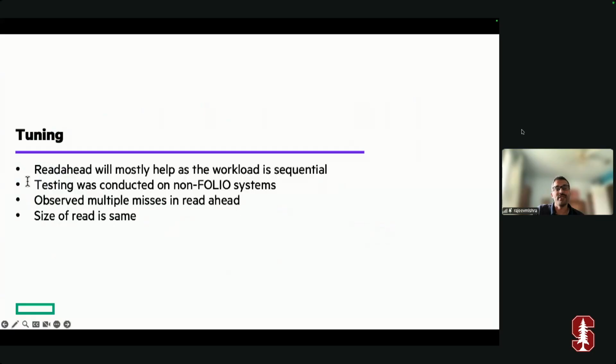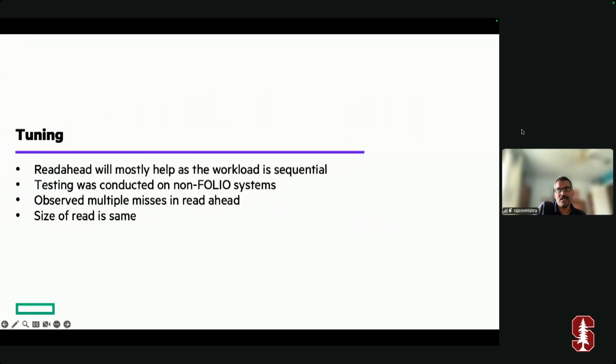Then we wanted to test it on a folio system, but all my testing was done on the non-folio system. My assumption is that if we test with a folio system, where the caching and other things benefit from the cluster and kernel support, we may see better performance with the read ahead tuning on Unet 3D.